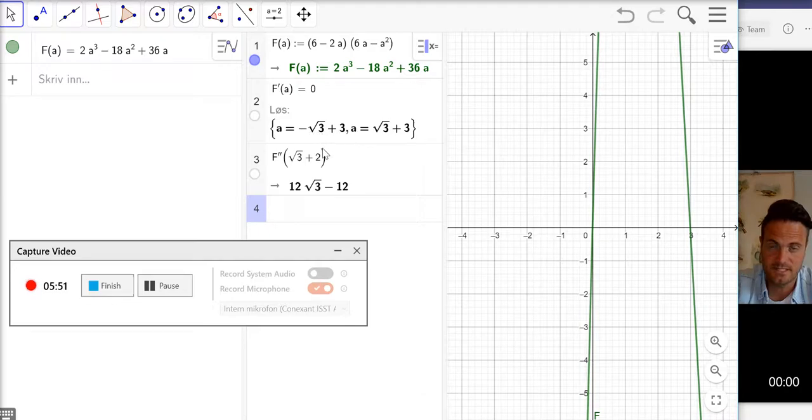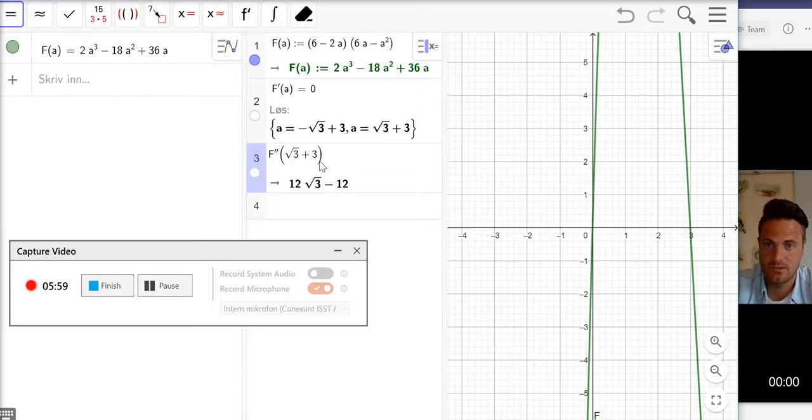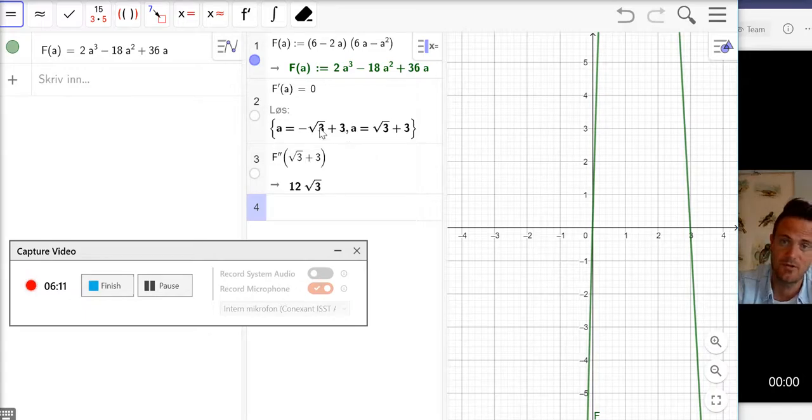Sorry, this is not the answer, because this is the minimum point. Yeah, sorry, I forgot. This is wrong. Let me try again. Yes, with square root of 3 plus 3 we get a positive answer. So this is actually the minimum point, but we want the maximum point. So it's this point here. This is not a negative number because 3 is bigger than this.